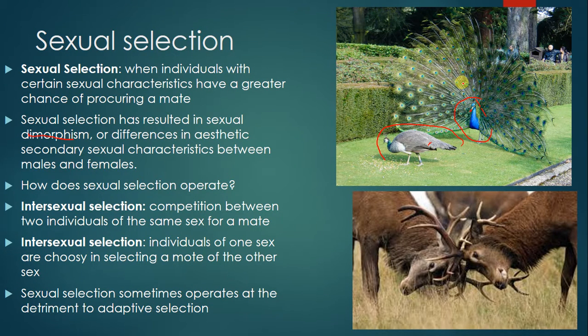Those bigger and more elaborate feathers can make them easier to spot by predators and work in opposite of adaptive selection. So, just because a thing is sexually selected doesn't mean it confers an advantageous adaptation to surviving in that environment.